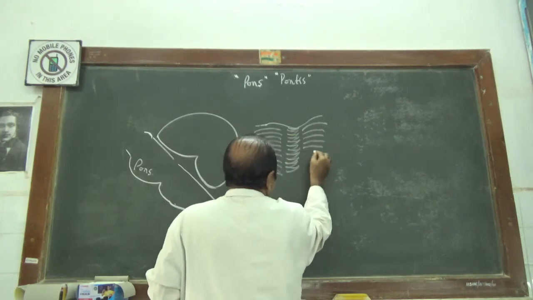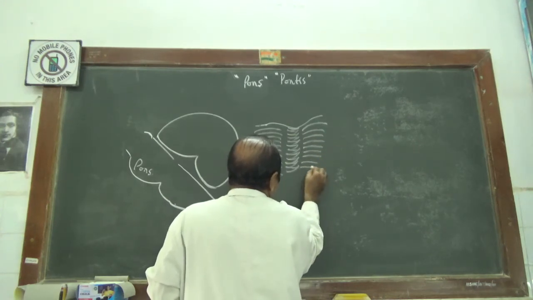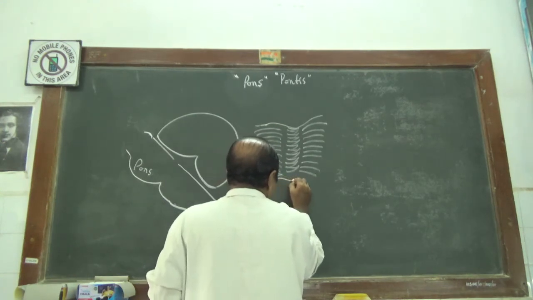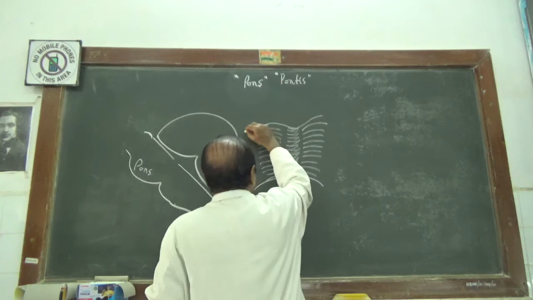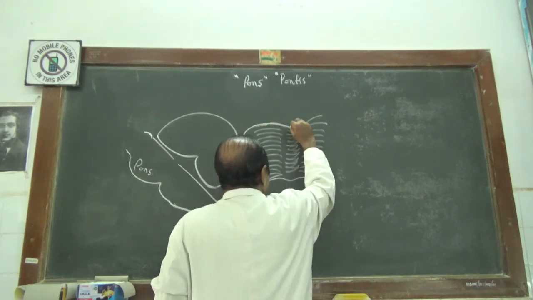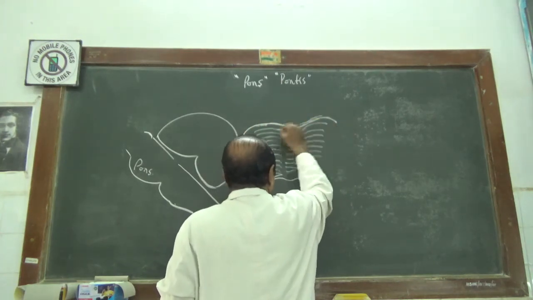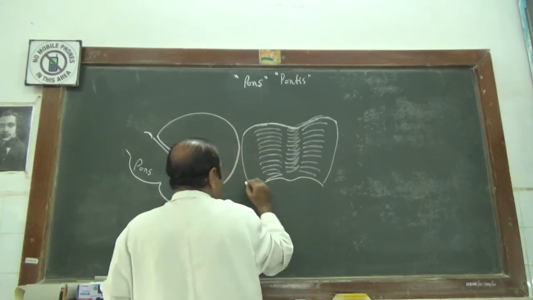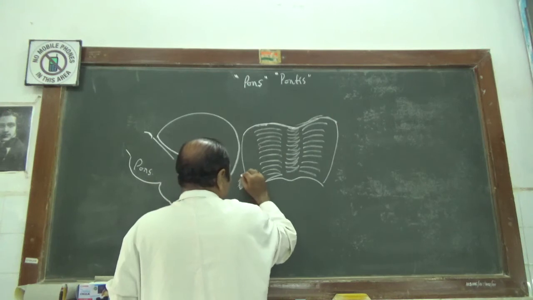So these are the transverse fibers. This is said to be the lower border. This one is the upper border of the pons. So this is how the view will be.